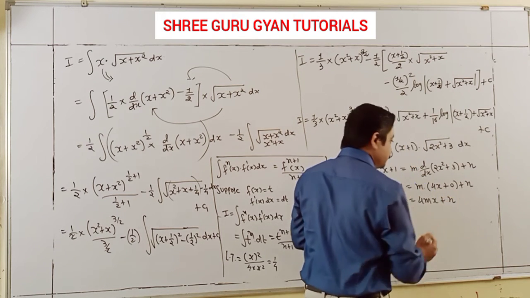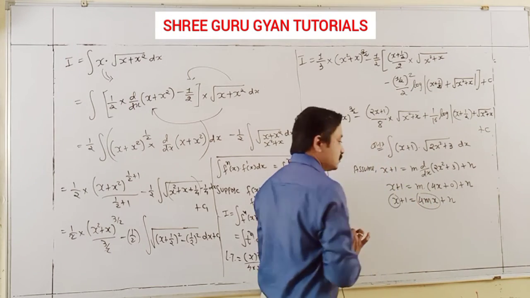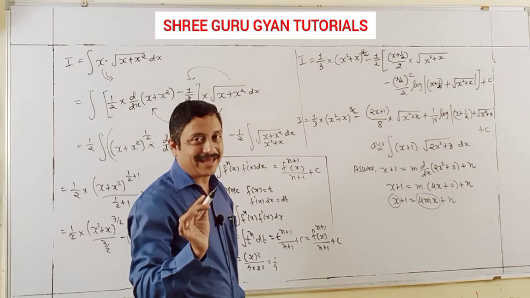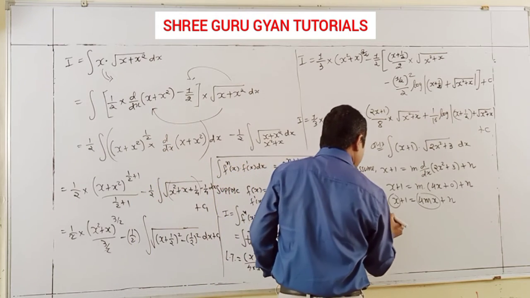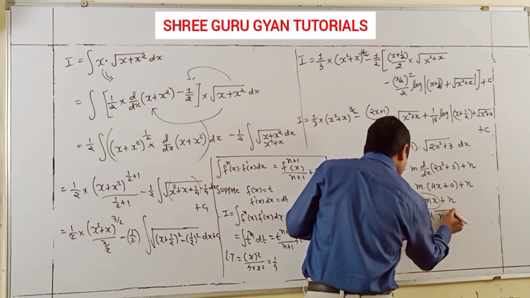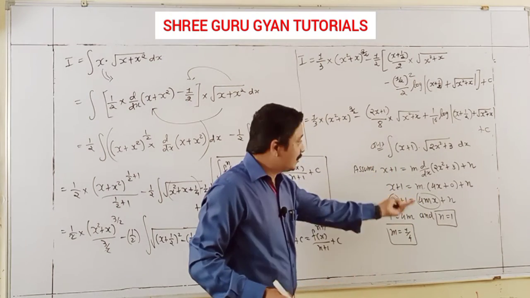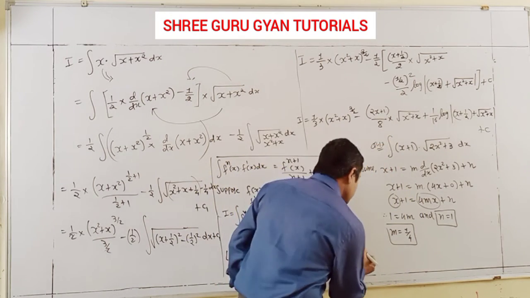So your x plus 1 equals 4mx plus n. Now here, students, you can compare the like terms. So what's your comparison? 1 is equal to 4m and n is equal to 1. So what is m? 1 by 4. And both values attach successfully in place of x plus 1.